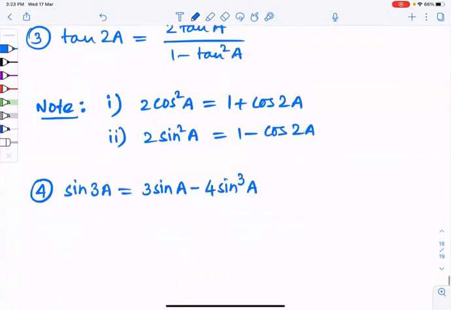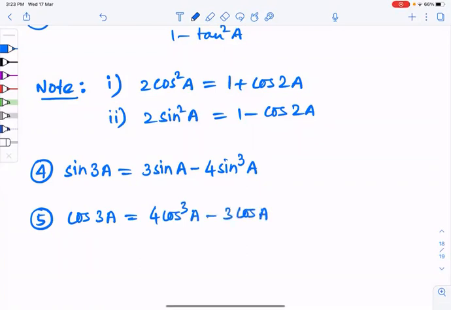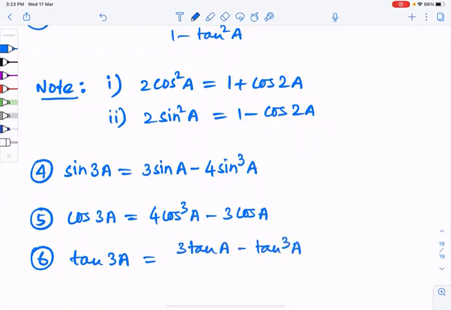Number 5, cos 3a, that will be 4 cos cube a minus 3 cos a. And tan 3a is 3 tan a minus tan cube a divided by 1 minus 3 tan square a.